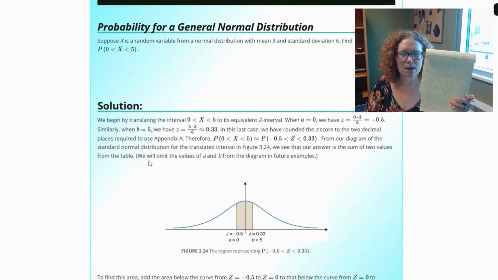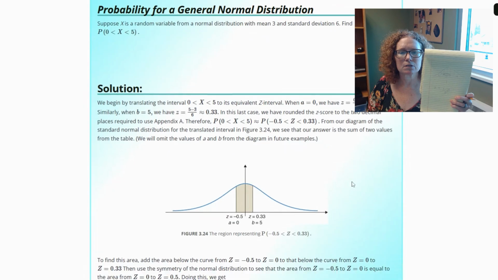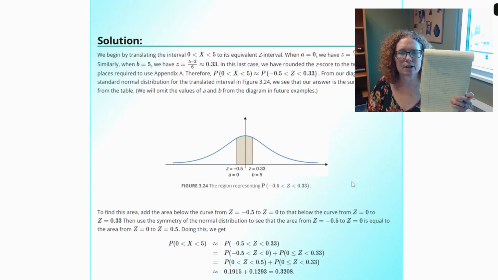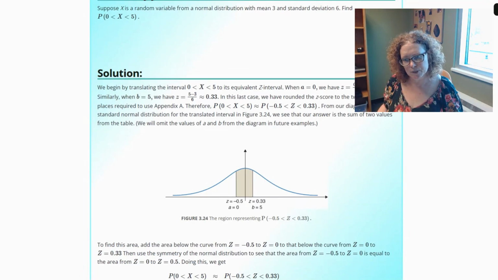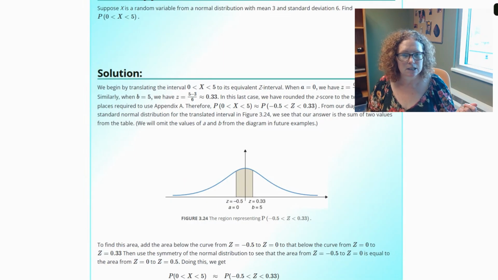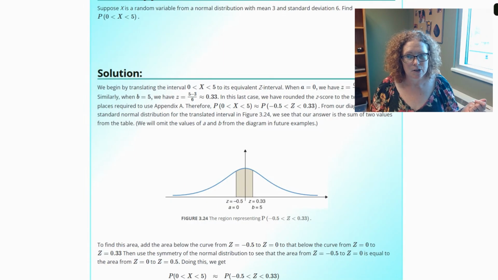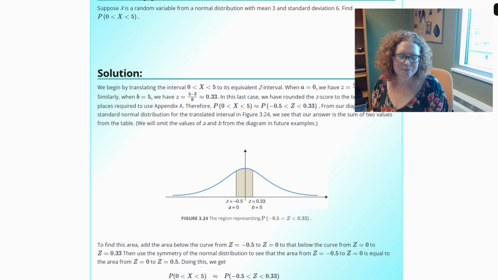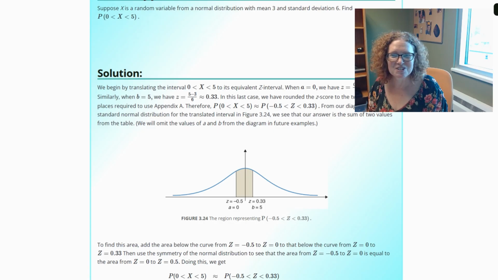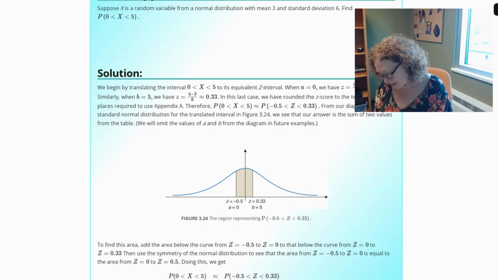From our little diagram, we have z is equal to x minus 3, where x was 0, because that's the point right there, minus 3, which was your mean, divided by the standard deviation, which was 6.